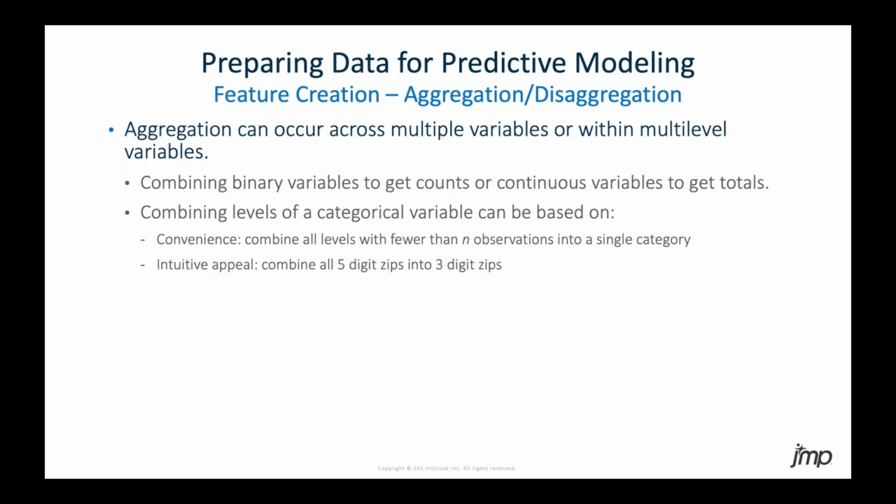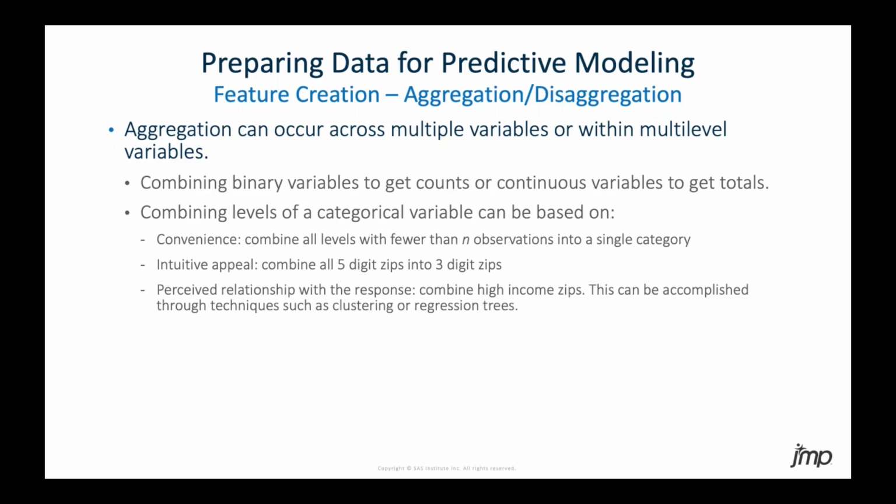I could use intuitive appeal. I can turn those 5-digit zips into 3-digit zips, or I can use some sort of perceived relationship. And this last bucket is where you might find a little bit more benefit, because I'm using some sort of modeling technique to say, where are my high income zip codes?